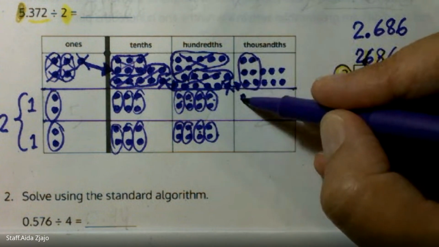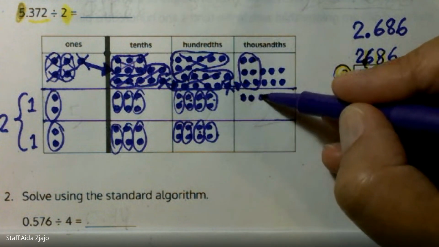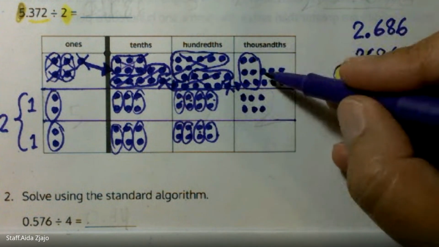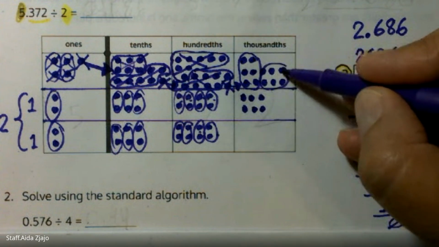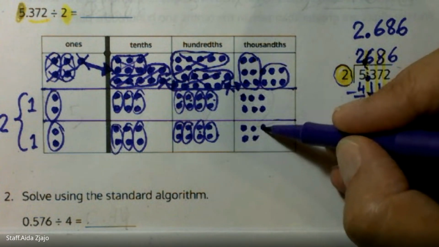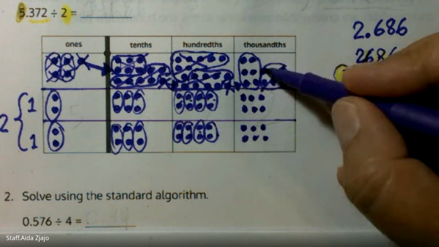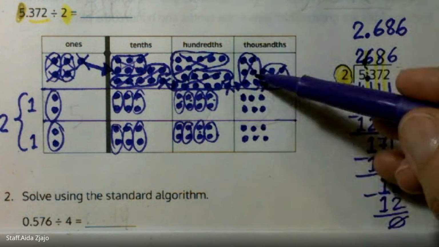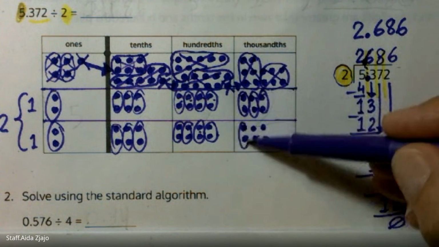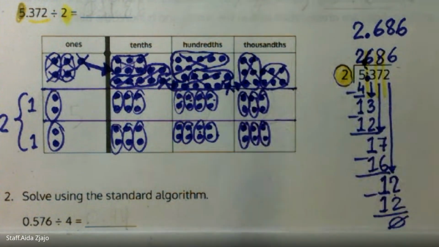These are going to go in here. 1, 2, 3, 4, 5, 6. And then this 6 is going to go here. 1, 2, 3, 4, 5, 6. And I have nothing left. I share this here. So that is 6 groups of 2 or 2 groups of 6 are shared.